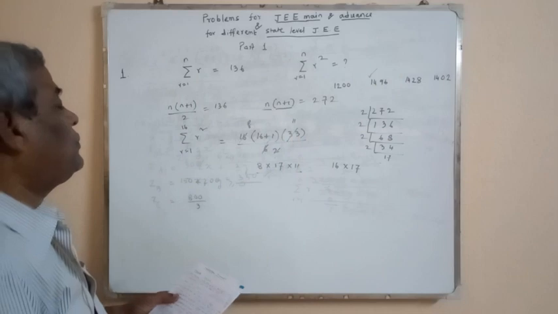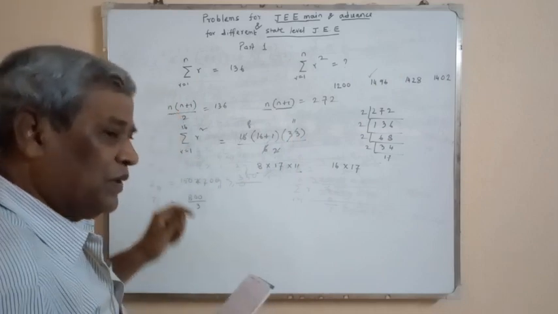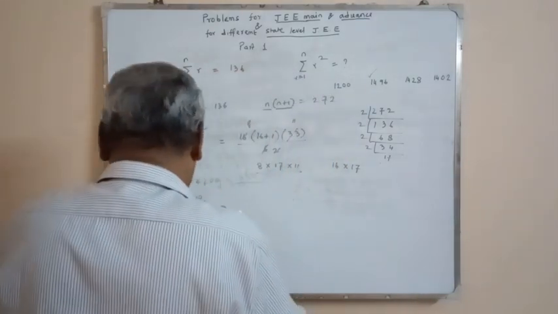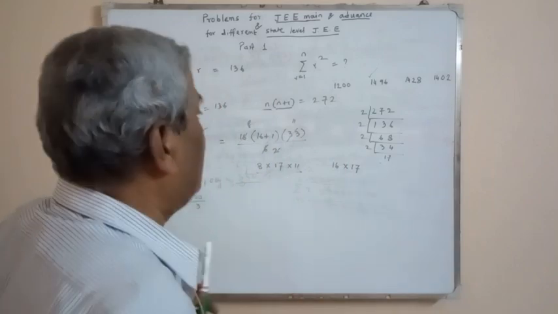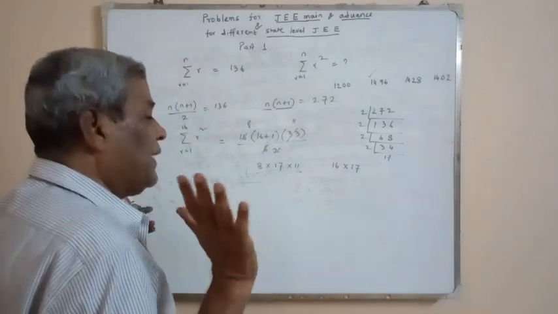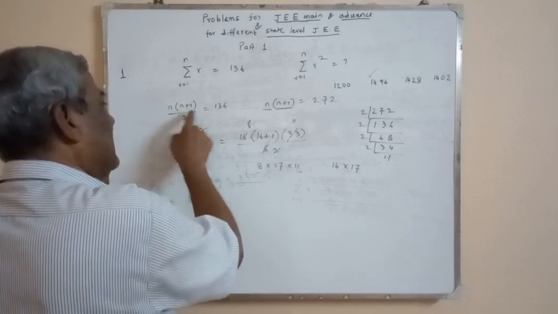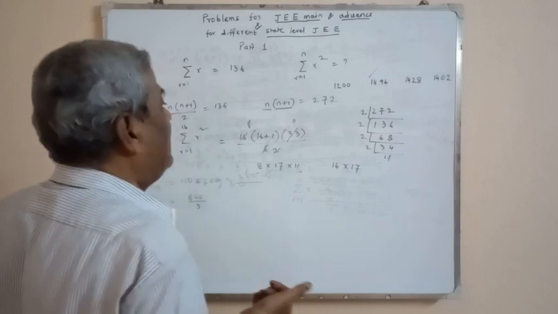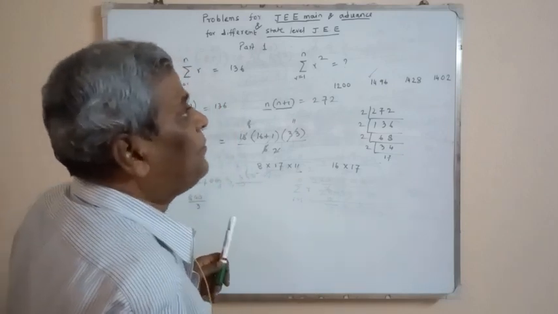So without factorizing it blindly, you should always try to take the advantage that it is a product of two consecutive integers. In so many problems, you will get that n into next higher integer. So try to factorize it in such a manner that it is a product of two consecutive integers.